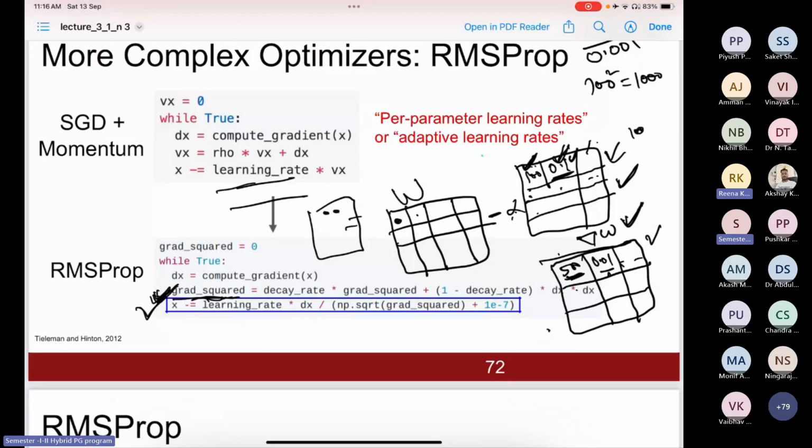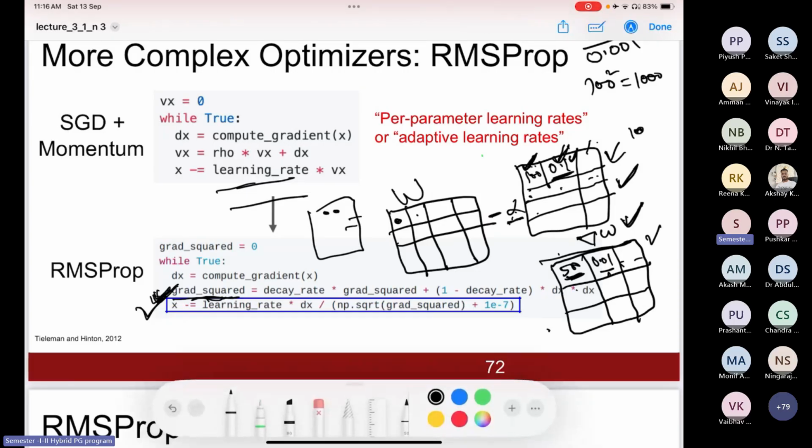Okay, so RMSProp will make the learning rate effective. The learning rate gives equal weight to everyone, because alpha is just one value, a scalar, so it gets multiplied with everyone here. It gives the same value to everyone.